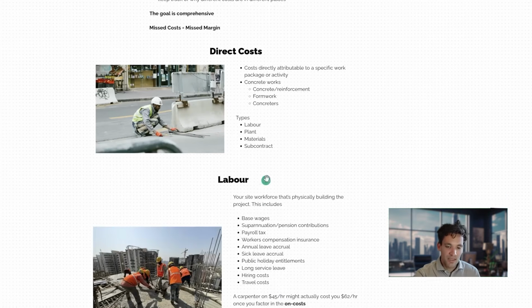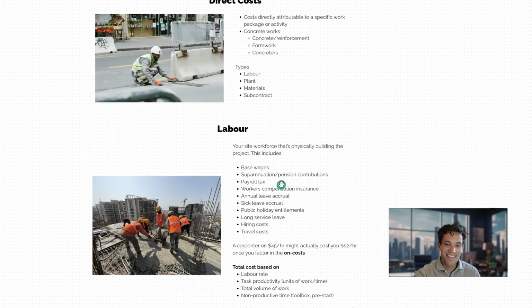So the first of these buckets, we've got our labor costs. This is the site workforce that is physically completing the project. These costs include the base wages, superannuation, pension contributions, payroll tax, workers' compensation insurance, annual leave accruals, sick leave accruals, public holiday entitlements, long service leave, the upfront hiring and HR costs of finding people, and maybe any travel or accommodation costs related to the works.